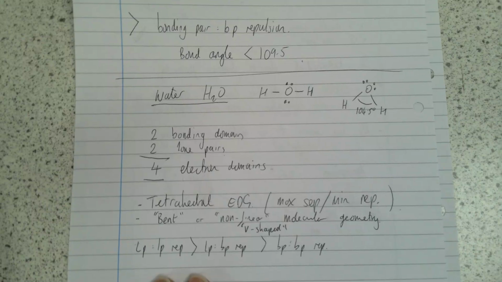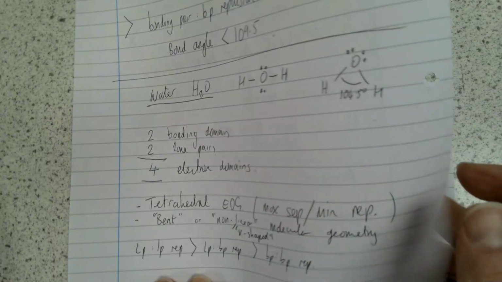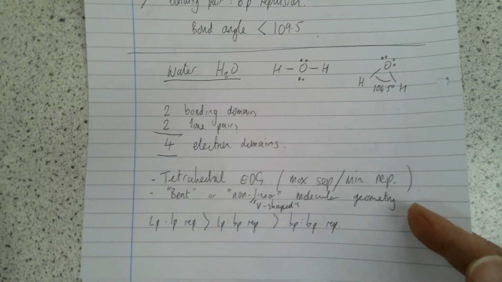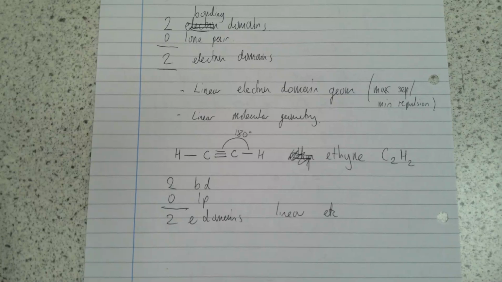So just in case you see that in any videos or slides you look at, you've seen non-linear, bent and V-shaped, all of which will get you the mark in the exam. Right, I'm going to stop the video there, and I'm going to give you a chance to look at some other ones. You can try and guess to work out what the electron domain geometry is. So there we are, that'll do.